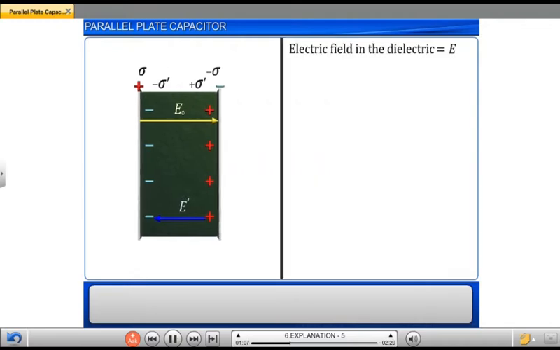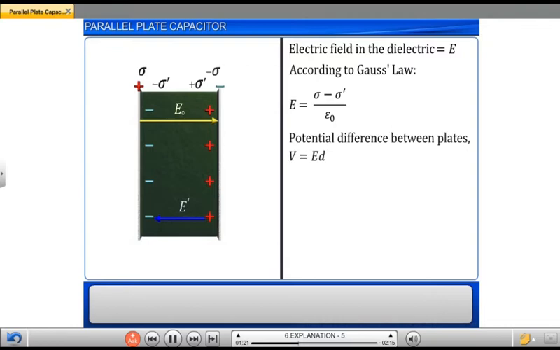Then, according to Gauss' law, the electric field strength E in the dielectric will be E is equal to sigma minus sigma dash by epsilon naught, which is less than the magnitude of E naught. The potential difference between the plates V is equal to ED, which now becomes V is equal to sigma minus sigma dash into D by epsilon naught, and hence V is less than V naught.